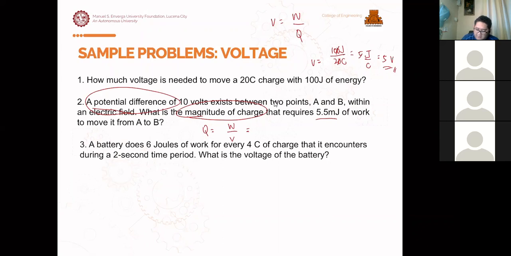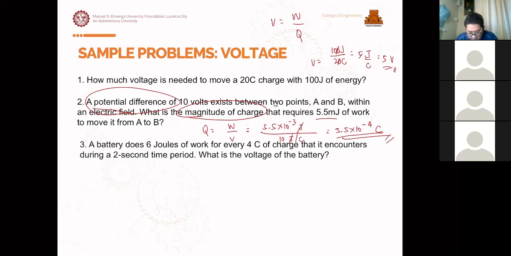So, yung 5.5 millijoule natin equal sa 5.5 times 10 to the negative 3 joule, all over yung voltage natin na 10 volts. Okay? Again, sa 10 volts, pwede natin i-represent as joules per coulomb. No? Kaya magka-cancel out yung joules. Pupunta sa coulomb sa taas. So, yung unit natin will be 5.5 times 10 to the negative 4 coulombs. Okay? So, yan yung answer natin for number 2.